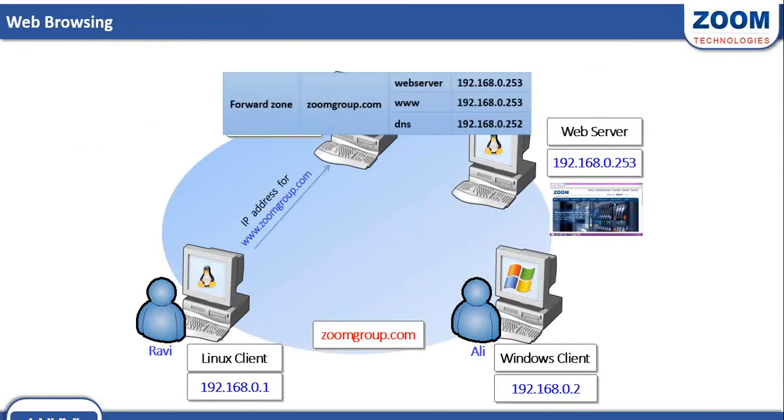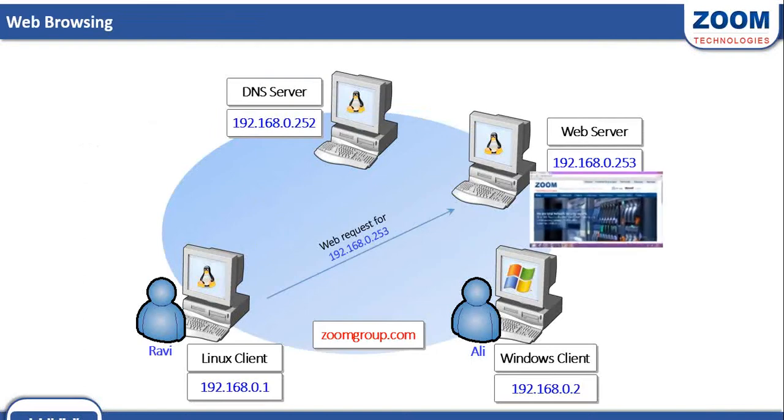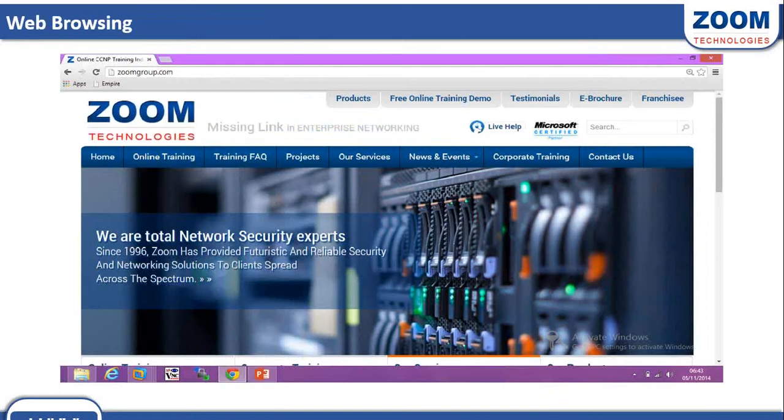DNS checks in the database; if the website name is present, it resolves that name into the web server IP address and gives the IP back to the client. Then the request comes from the client to the web server, and the web server finds the web page. If the web page is found, the web server gives the website to the client, and as a result the client is able to access the website.